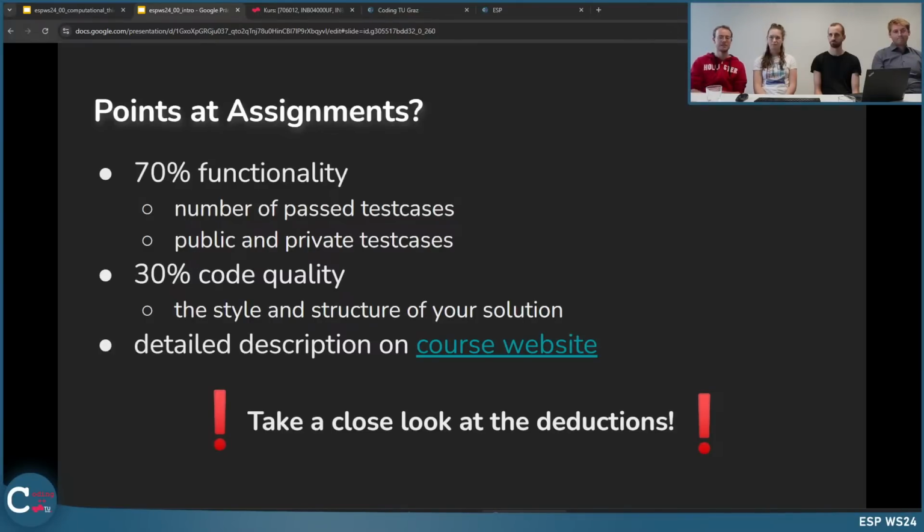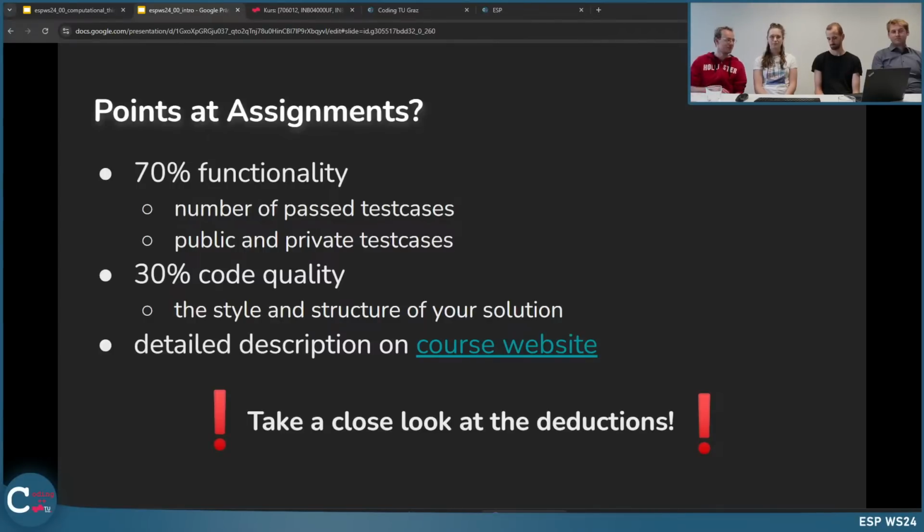Yeah, the detailed description is on our course website. It's a bit long, we know, but it's important that you follow those things. In particular, we have a list of things that are forbidden to use or that you are required to use. So please look at those, because we will have large deductions there, from 25%, 10% of the points up to 100% of the points.